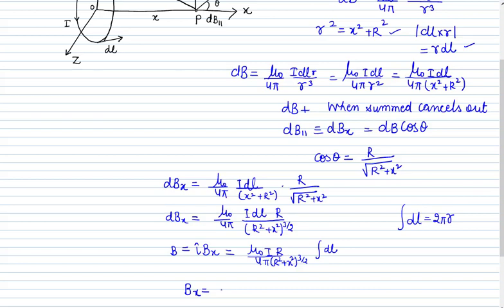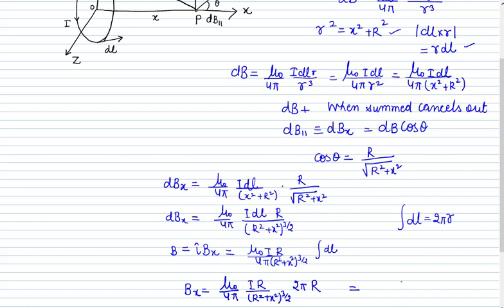Bx is equal to mu naught upon 4 pi I r (r square plus x square) to the power 3 by 2, and this is 2 pi r. So this cancels out, and here we have 2.